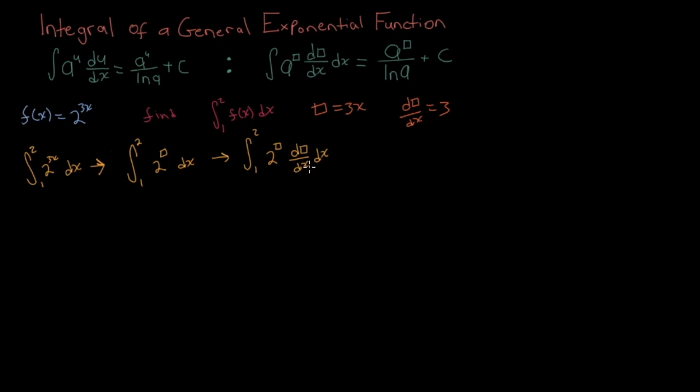The way you can think of it is these two dx's cancel out, and now it's in a proper form because you're differentiating with respect to this placeholder and not with respect to x.